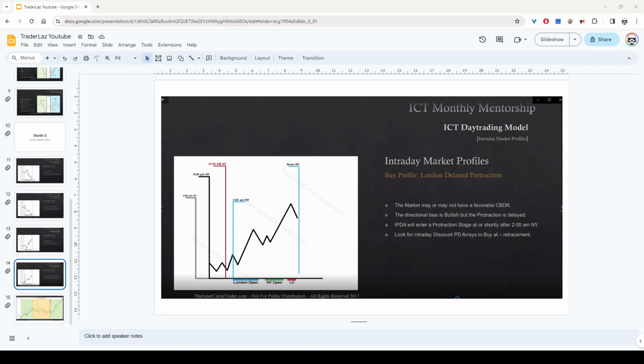So I mentioned before that there is another profile that doesn't get talked about, which is this idea of the seek and destroy profile, which happened today. So midnight Asian range, you start off with that, then you start putting in all your different ranges.